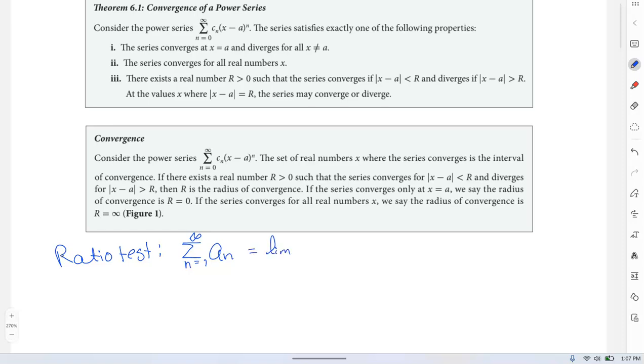We would take the limit as n goes to infinity of the absolute value of a sub n plus 1 over a sub n. And if that limit is less than 1, then we would say that series converges.